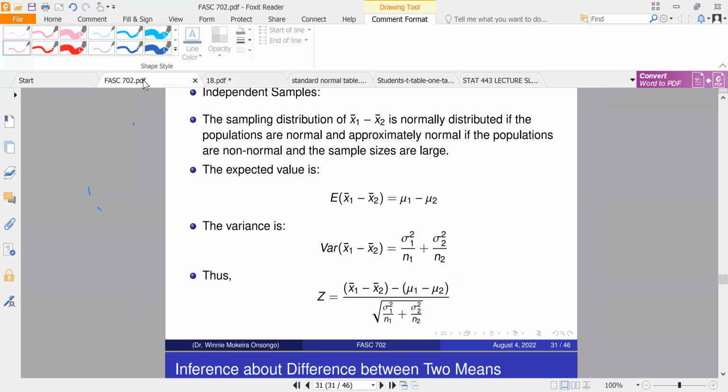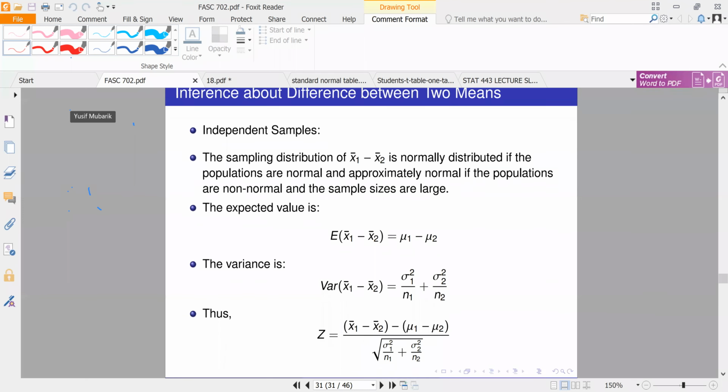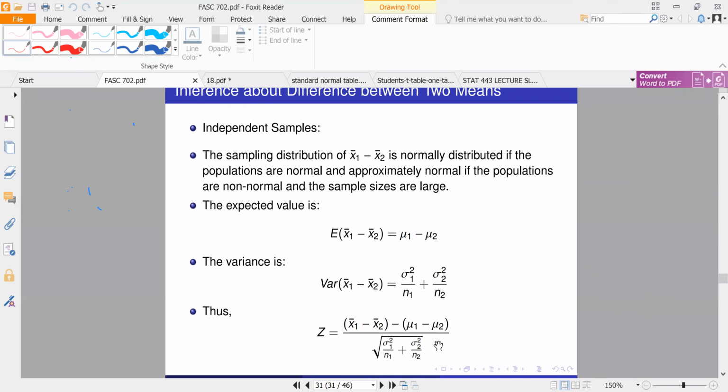Okay, so that is why we have the variance of the difference of means expressed as that. And now, with this definition of the expected value of the difference of means and the variance of the difference of means for these two populations, we can write down the corresponding statistic for the difference of means.